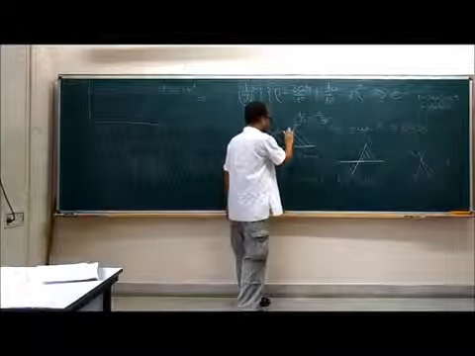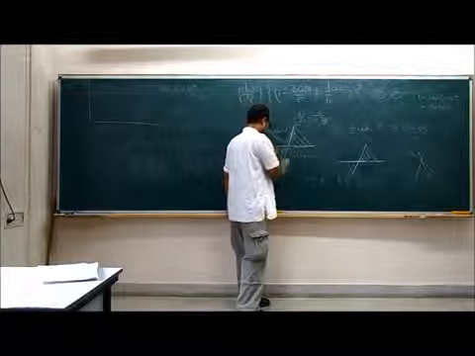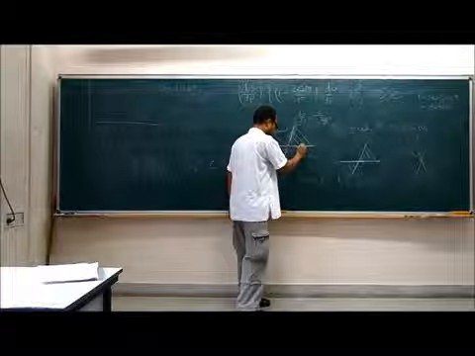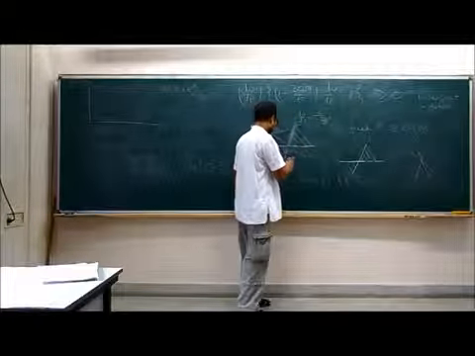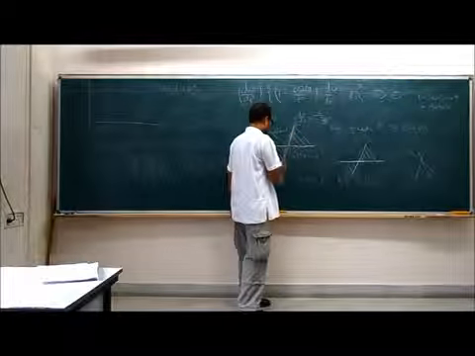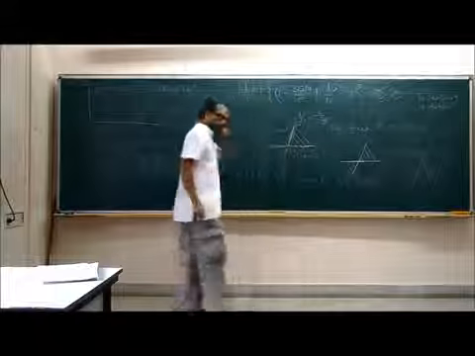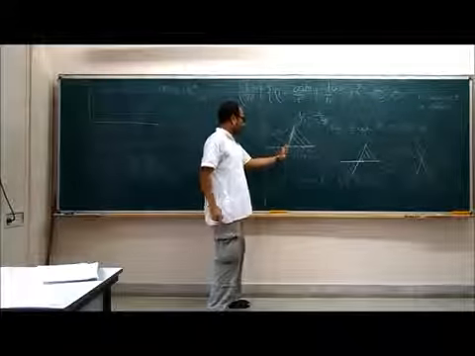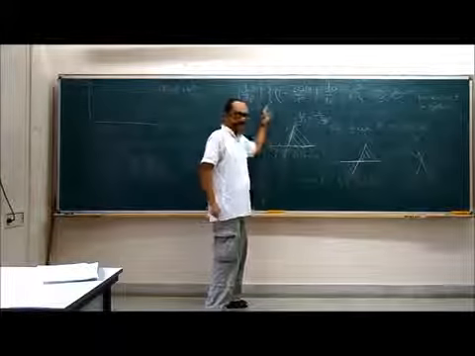Which basically means that we can now draw arrows like this. So the allowed particle trajectories have to go like this.